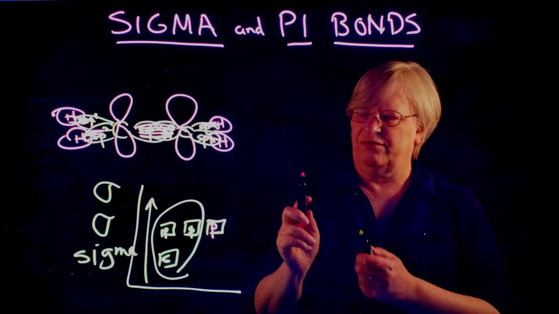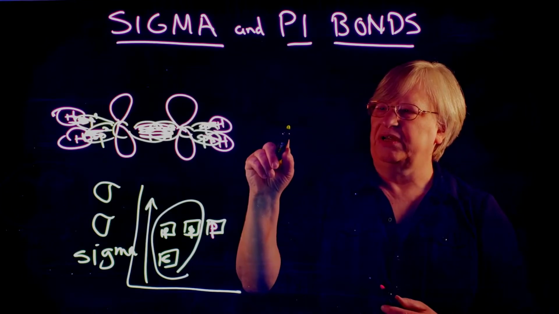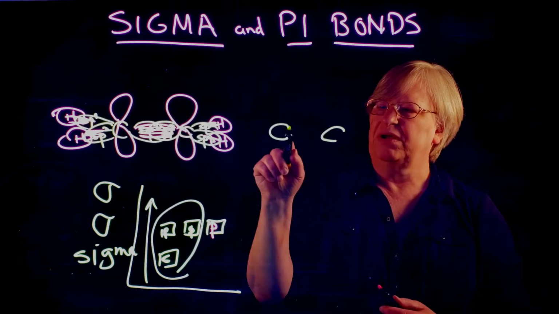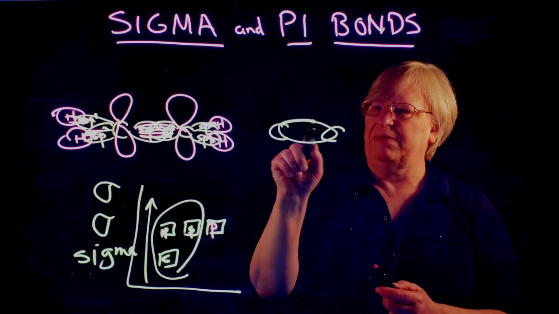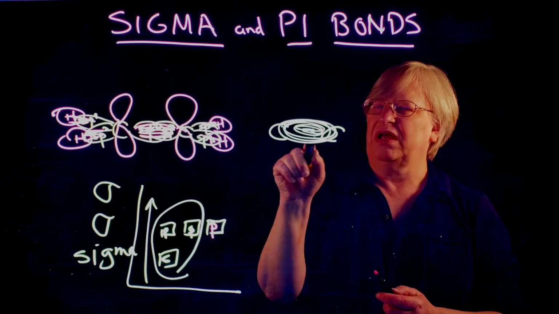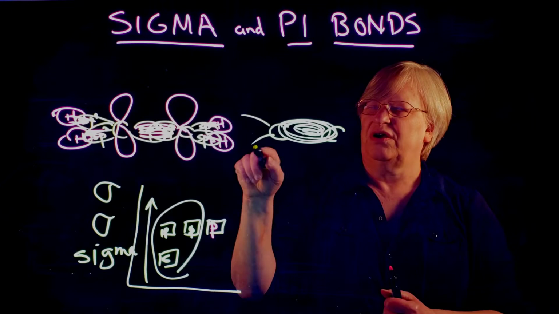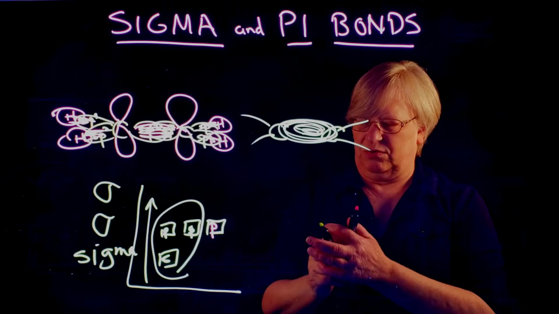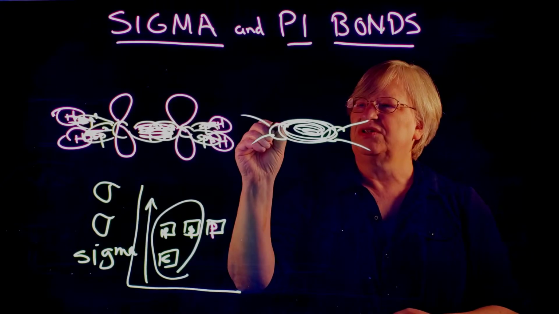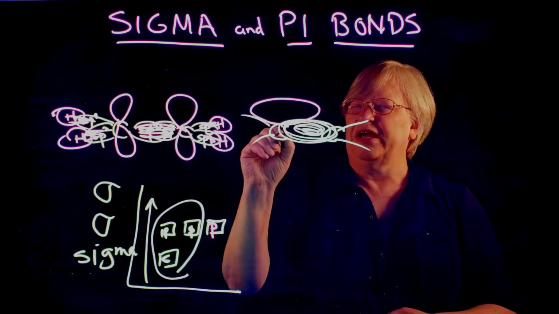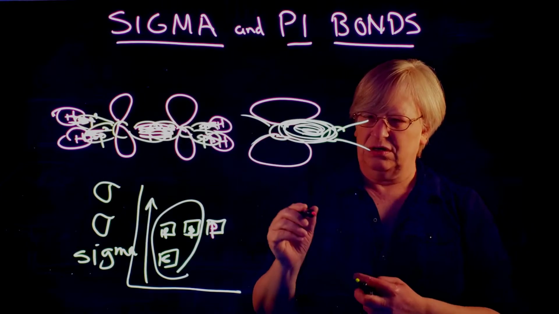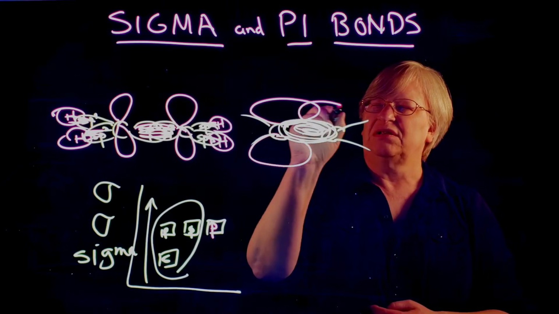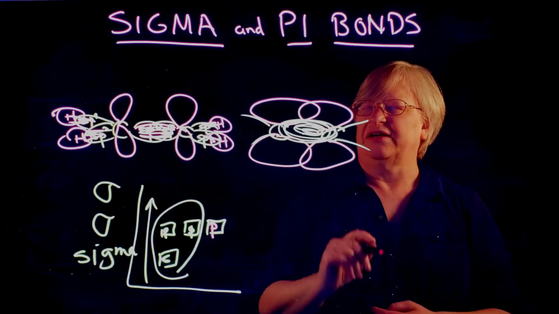It turns out, if we draw this a little more accurately, I've got my carbon and my carbon, and I've got my overlapping sigma bond that we already have going on in here. We have our hydrogen sticking out the other side that we're not too worried about. The p orbitals look a little more like a lobe and a lobe. Here, the other carbon has a p orbital like that and like that.